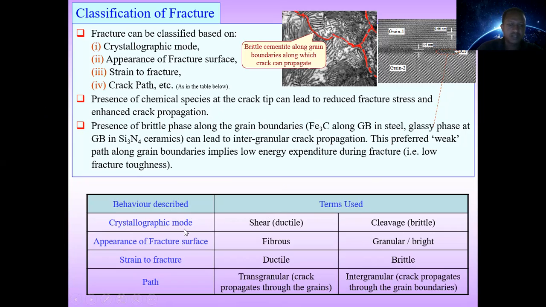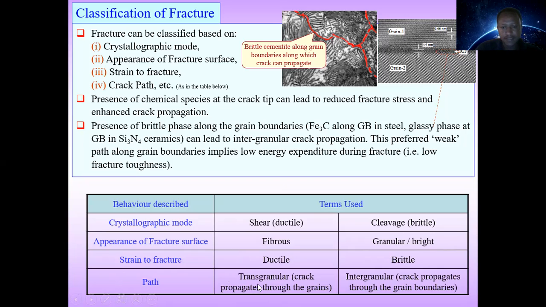So the behavior is described by terms. Crystallographic mode: we can see shear mode and cleavage mode, that is, shear mode or ductile and cleavage mode or brittle. Appearance of fracture surface: fibrous and granular or bright. Strain to fracture: ductile and brittle.